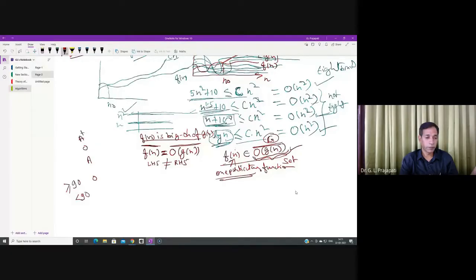If you have marks greater than or equal to 80 and less than 90, you will be given, say, grade A. If you have marks 90 to 100, then you will have the O grade. This is just simple.